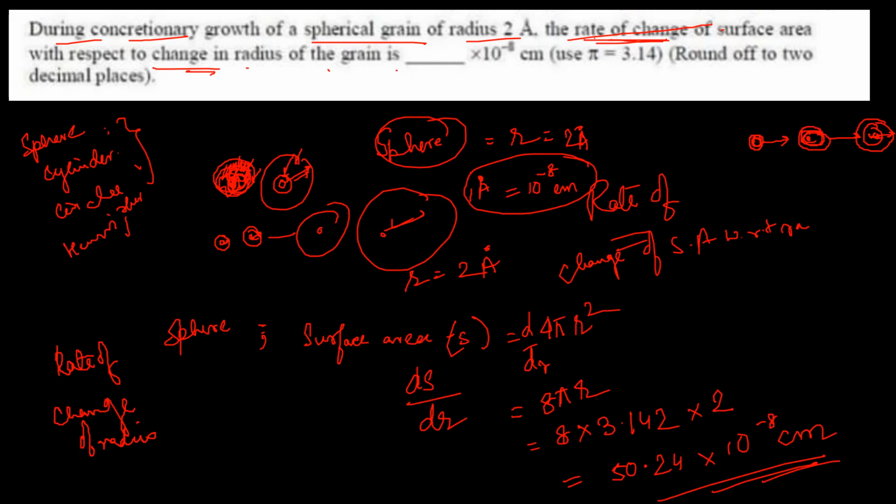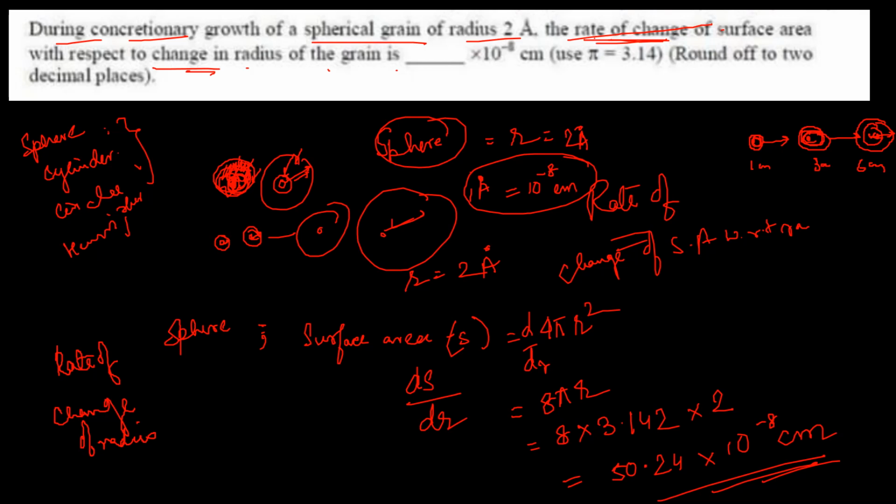Say this was 1 centimeter, then it became 3 centimeters, then 6 centimeters. Gradually the diameter is increasing. So how the total surface area is changing with respect to the change in the radius, you have to find that answer.